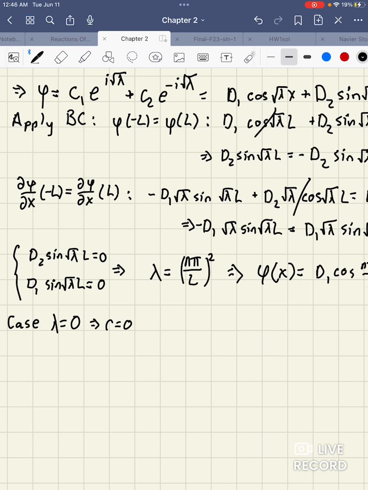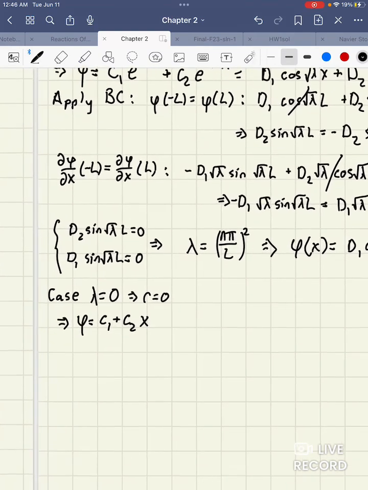Now if my r is equal to 0, I have a repeated root. So therefore my phi, applying my ansatz, is going to be c1 plus c2x, just the equation of a line.